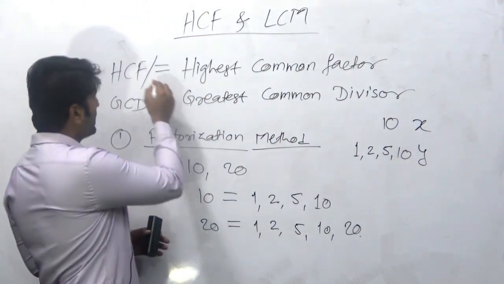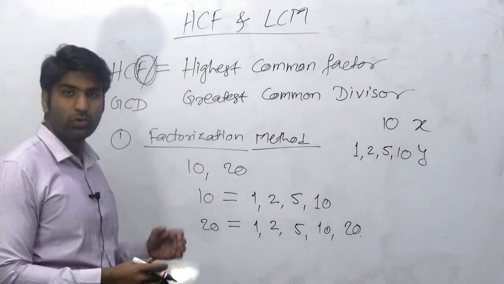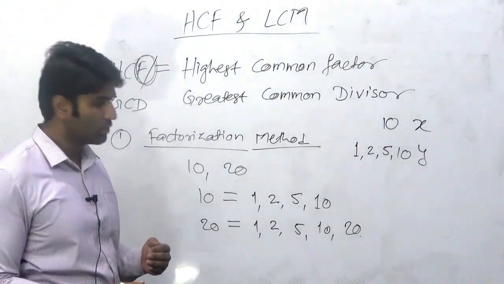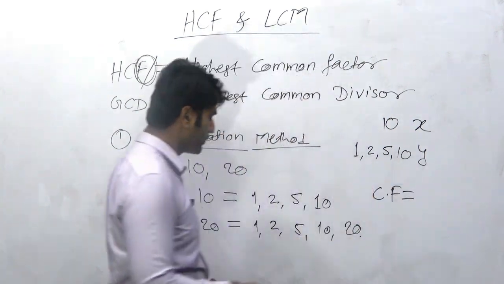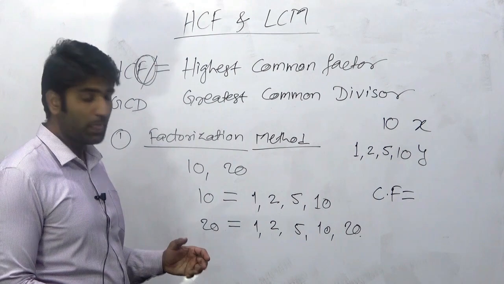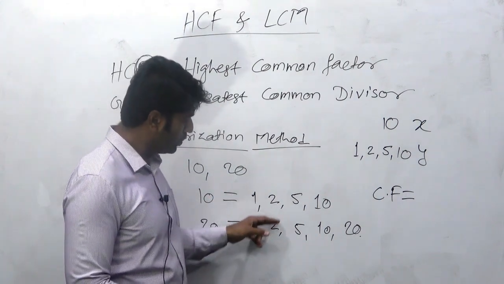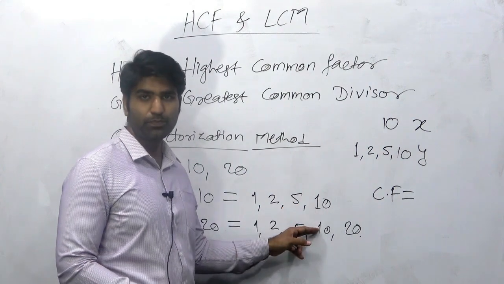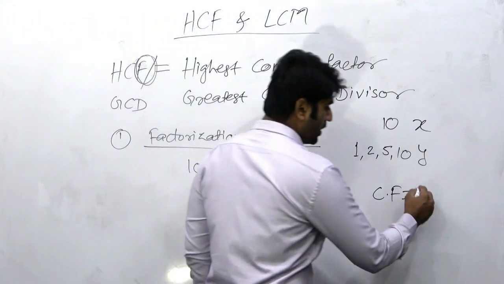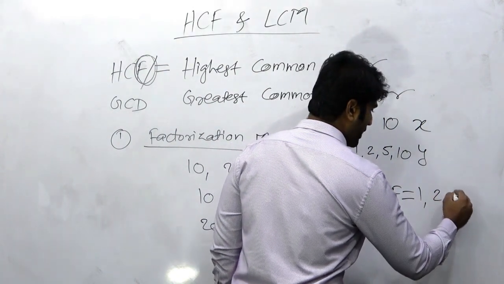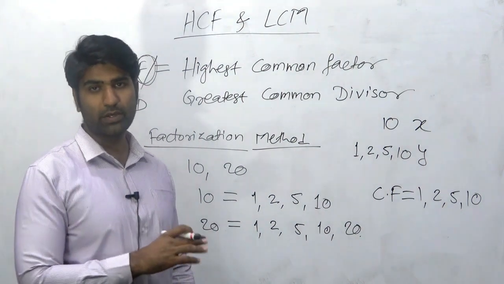Now we want the common factors. How many factors are common in both the numbers? 1, 2, 5 and 10. These four are common factors.